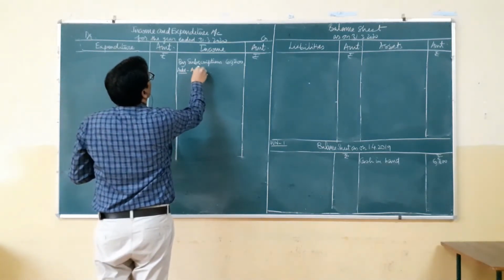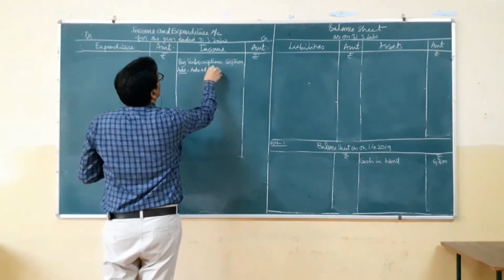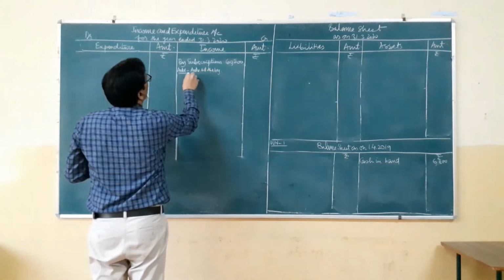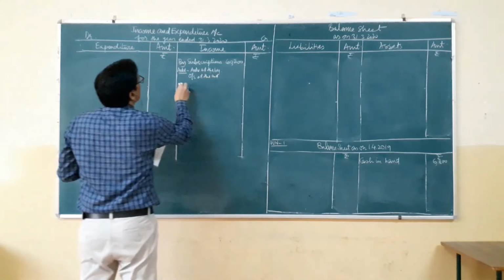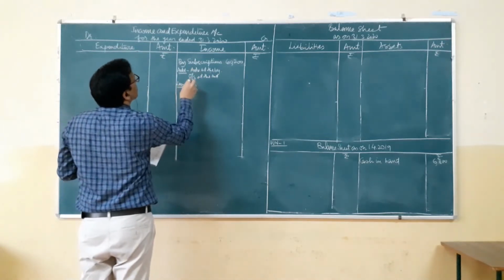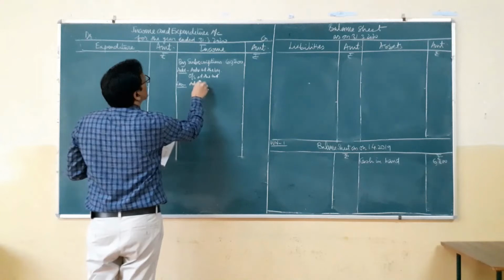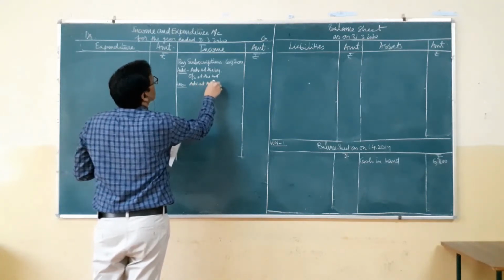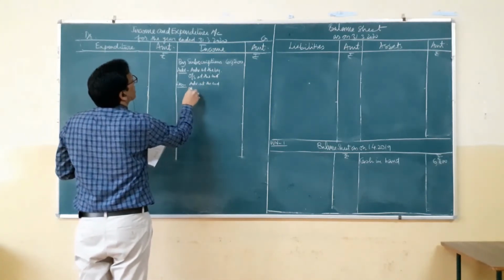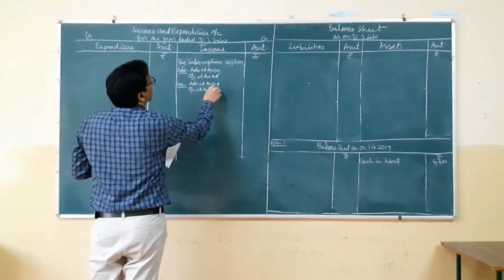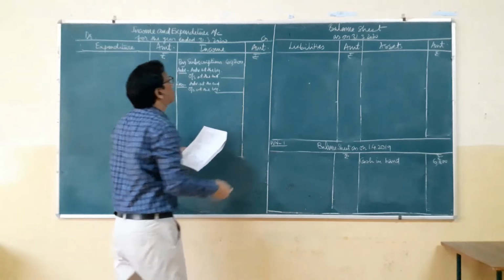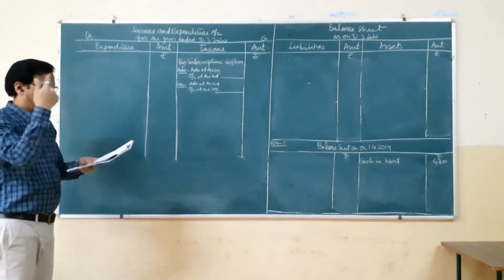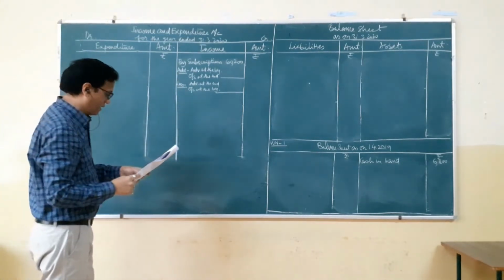Advance at the beginning and outstanding at the end. These two items we plus, and what we subtract? Reverse of these two. Advance at the end and outstanding at the beginning. Gradually, after going through various questions, you will have this in your mind. You will memorize it, you will learn it.